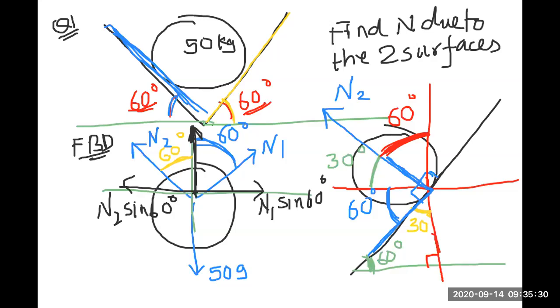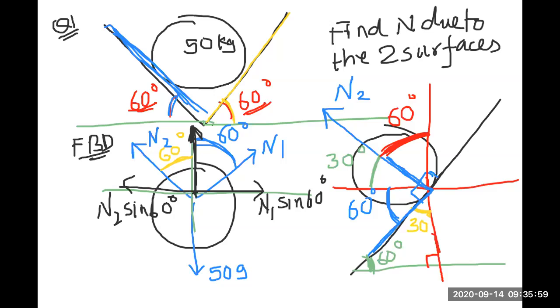Okay, and then I have used the fact that if the angle between the force vector or any vector and a particular axis is theta, then the component along that axis must be the magnitude of the vector multiplied by cosine of theta, and the component of that vector along the other axis must be equal to the magnitude of the vector multiplied by sine theta, right?